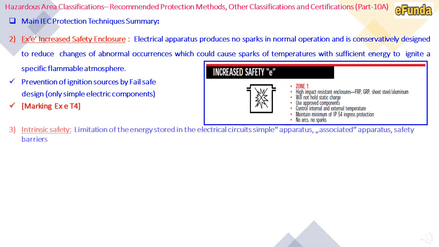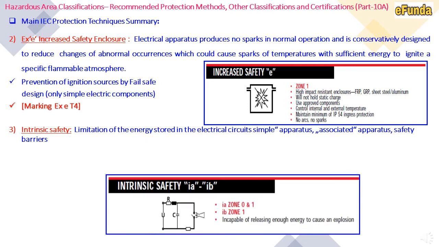Ex e T4. Intrinsic safety, limitation of energy stored in the electrical circuit, simple apparatus or associated apparatus, safety barriers. One can see in the figure the representation of intrinsic safety Ia and Ib types, where Ia is applicable for zone 0 and 1, Ib is for zone 1, incapable of releasing enough energy to cause an explosion.